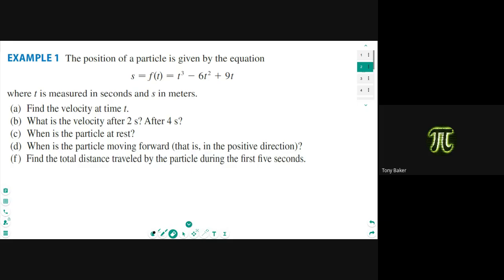So the position of a particle is given by this equation. We want to find the velocity at time t. So all you're going to do is take the derivative of that function there. Whenever you see s, that's considered the position of the particle. In this case, we're looking for the velocity of t, which is the derivative of f of t.